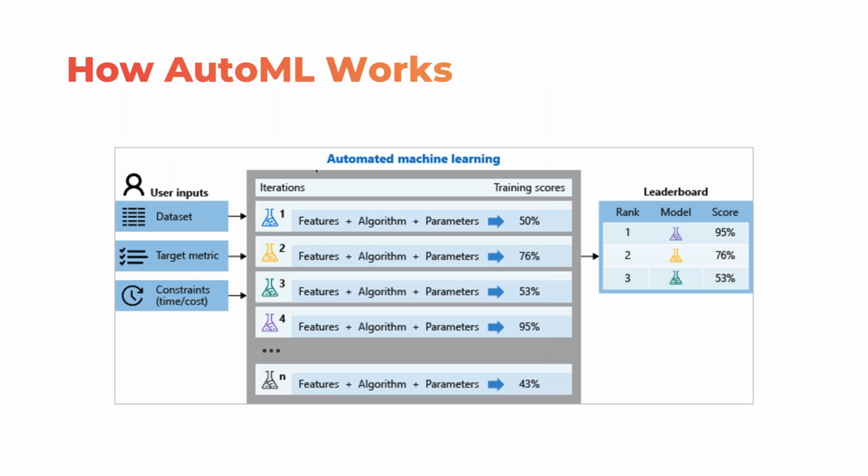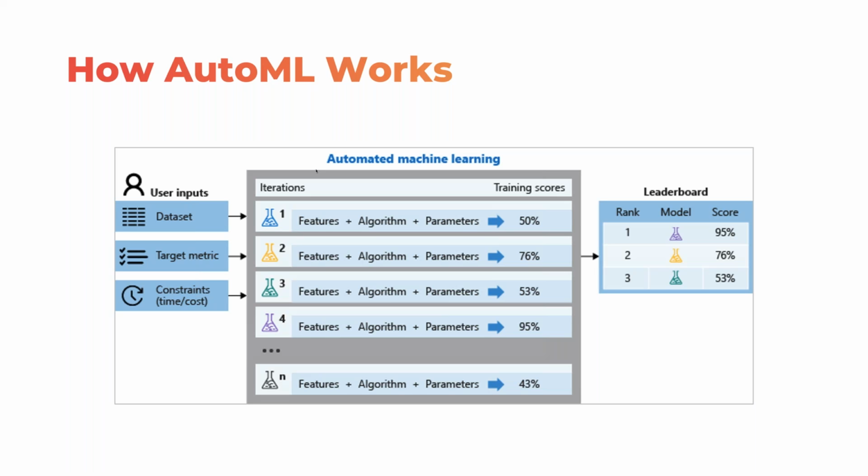So how exactly does AutoML work? Well, there are three core aspects. The first one is you bring in your data set. Now, this data set is going to be the input. So obviously, it assumes that there is some level of quality associated with the data set.